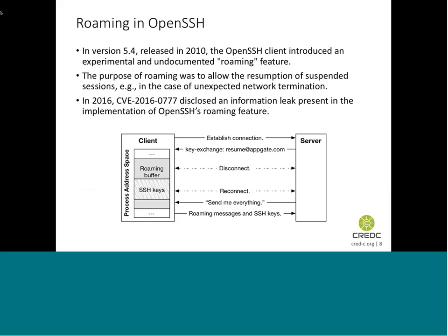So in 2010, OpenSSH clients introduced a feature called roaming. And the idea was very simple. As you are carrying on an OpenSSH session, if that session should get interrupted by network connectivity issues or something, you should be able to reconnect and continue your session as if the disconnect never happened.